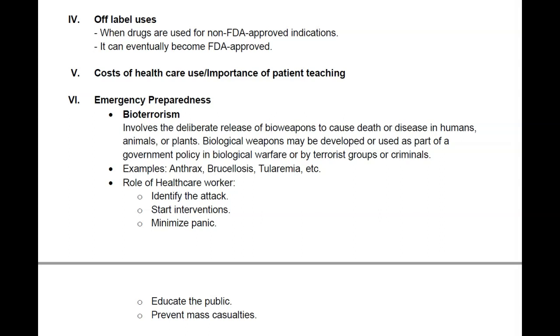Off-label uses. So this is basically when drugs are used for non-FDA approved indications. So let's say it is a medication to help with urination, or maybe to help get rid of extra fluids, right?